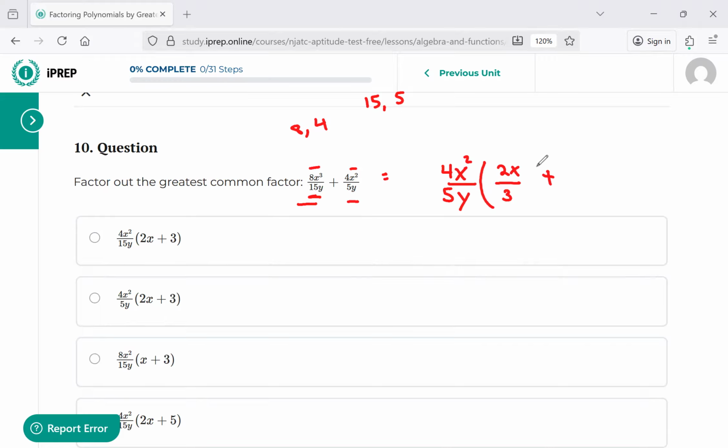And then it's going to be a plus. And then what do you have to multiply 4x squared over 5y by to get this entire thing? So on the top, you don't need any more, right? You already have a 4x squared, and then on the bottom, it's just 1.